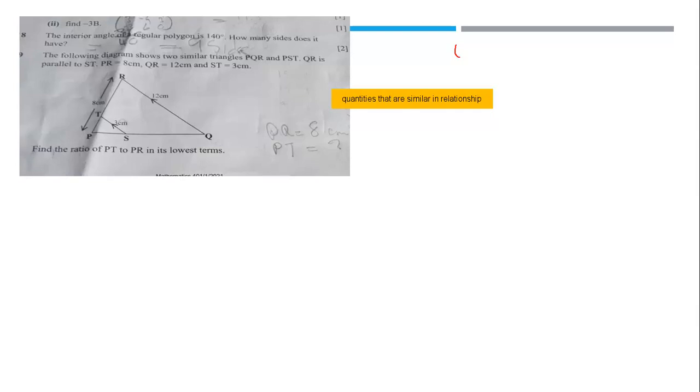That's a definition of a ratio, and that's how I would put it.